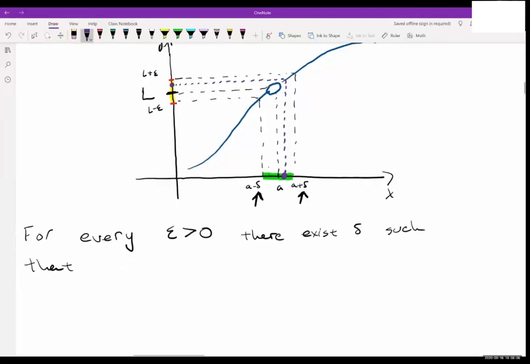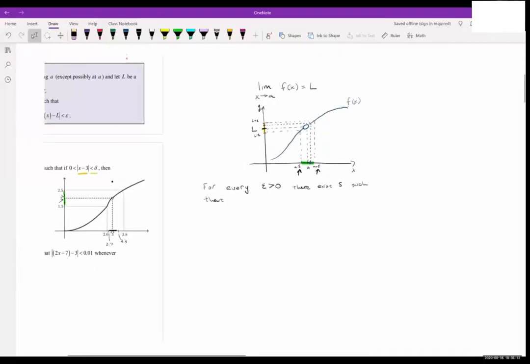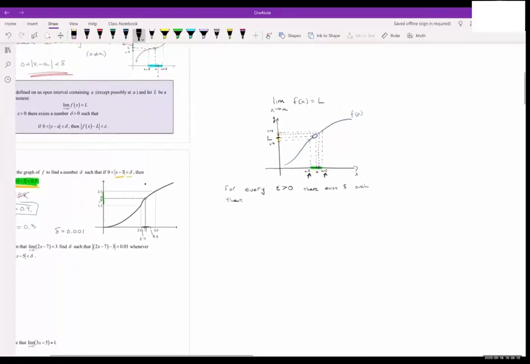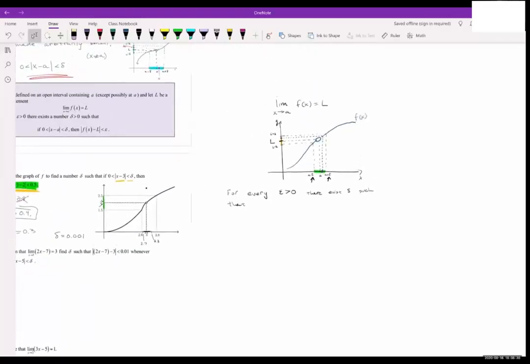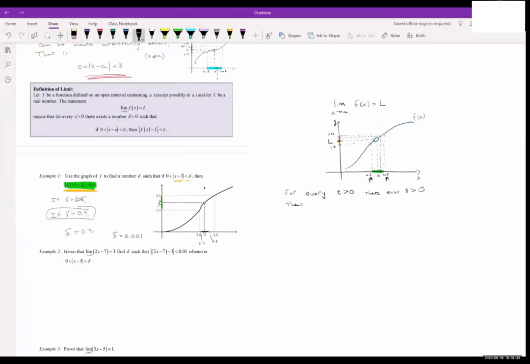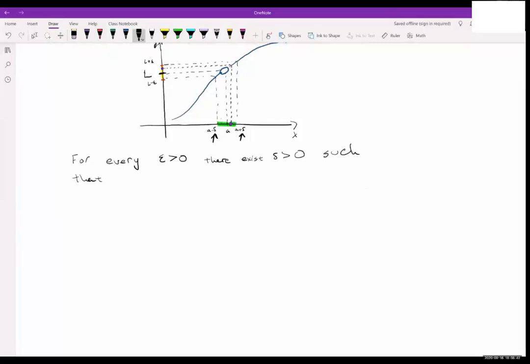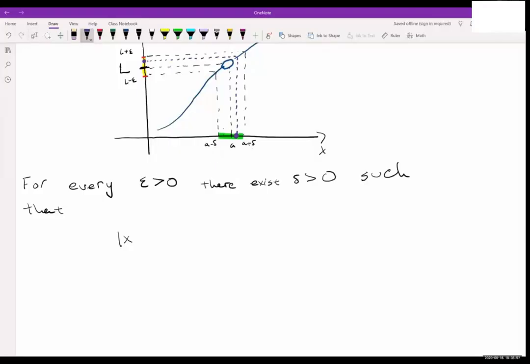Okay, and the way we write that statement is such that if I pick a point x in the green region, what does that mean? That means, such that, remember, I'm saying the purple is my x, so this is our x.